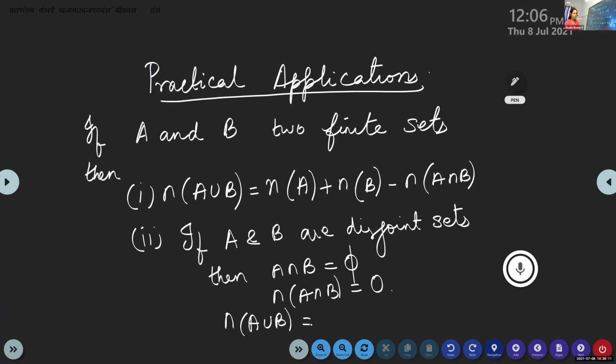What is n of A union B? I think it is muted. Okay, unmute and give the answer. What is n of A union B?